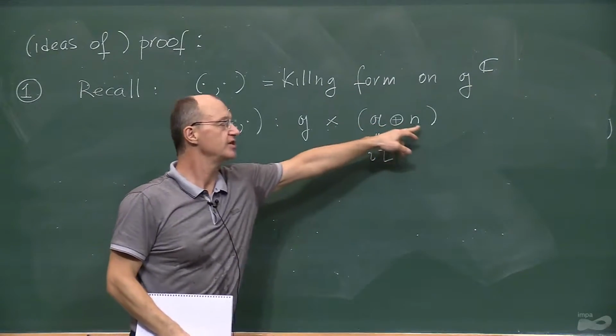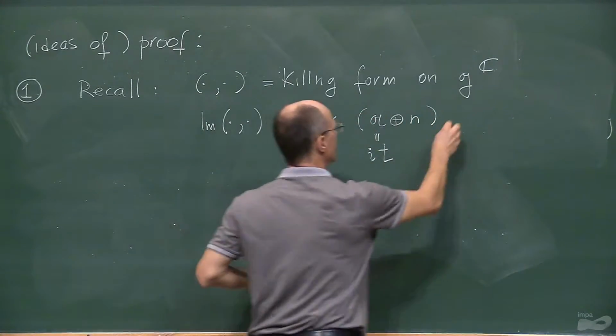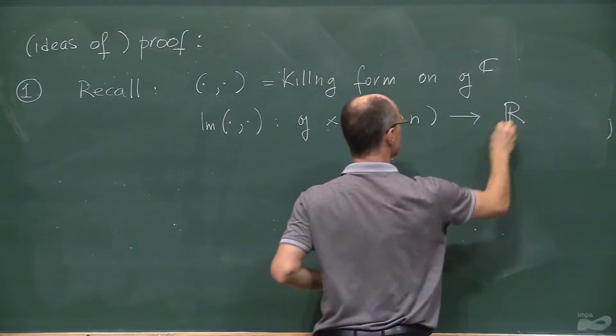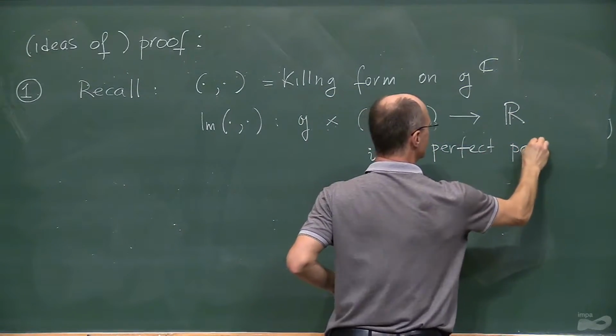Right? So this is actually a Lie algebra of GC, and this is a perfect pairing.